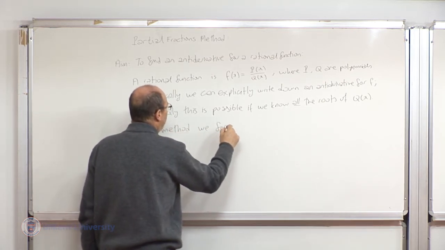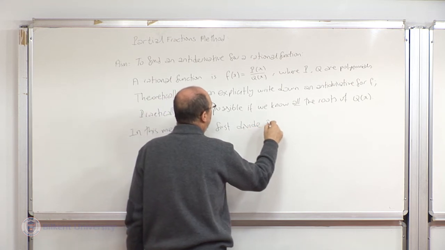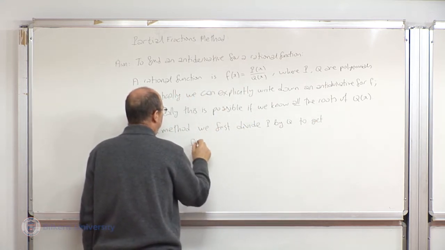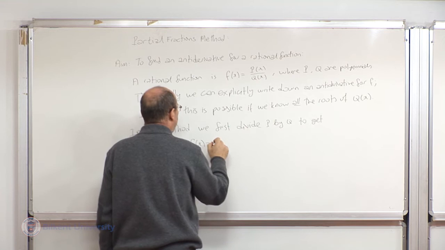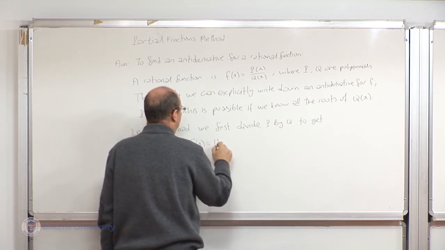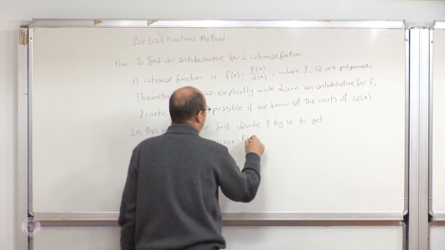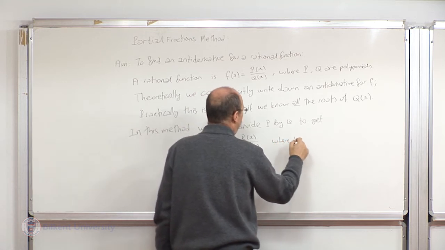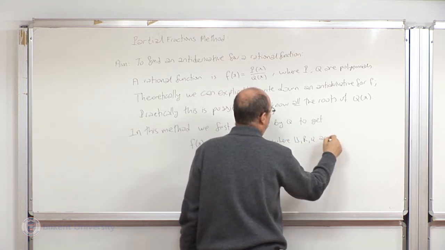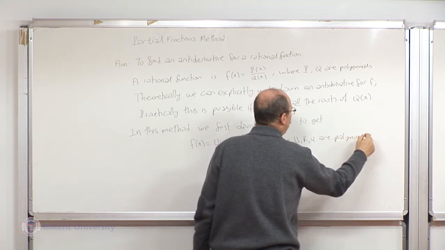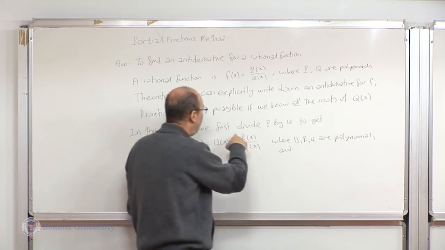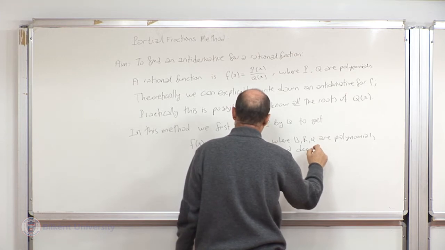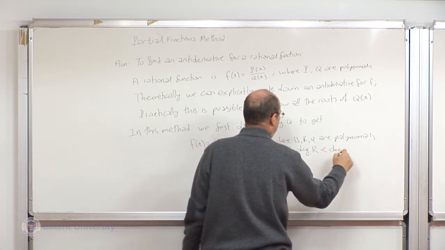First of all, in this method we divide p by q to get f of x equals u of x plus r of x over q of x, where u, r, q are polynomials, and the degree of r is strictly less than the degree of q.